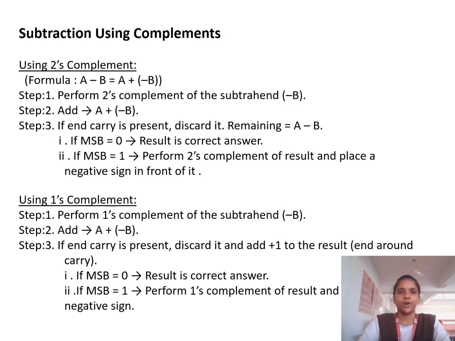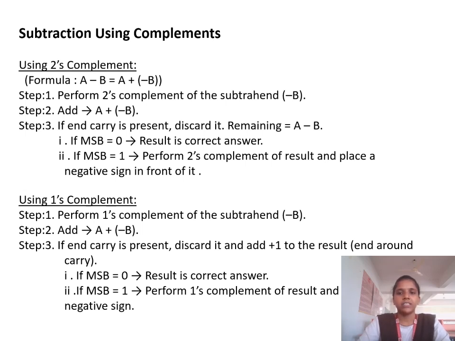Subtraction using complements. Using 2's complement. As we know, subtraction is done as A minus B. It is represented as A plus the 2's complement of B. Step 1 is to perform the 2's complement of the subtrahend, minus B. As we get the 2's complement, we add it to A. It means add A plus the 2's complement of B. In the summation, if we get an end carry, discard it.